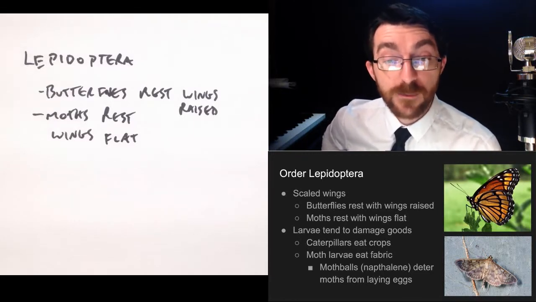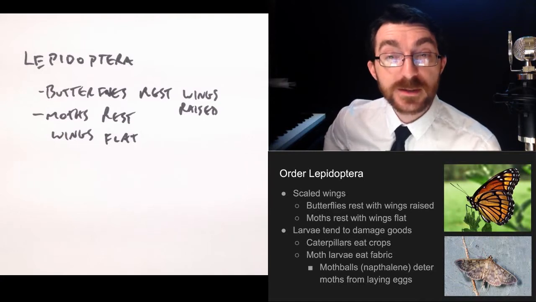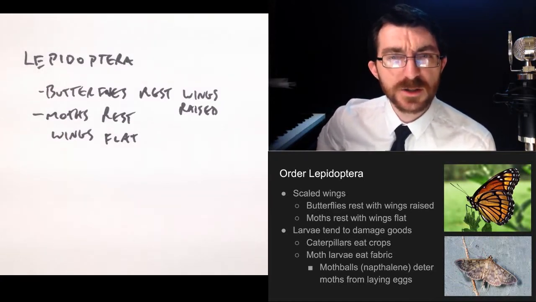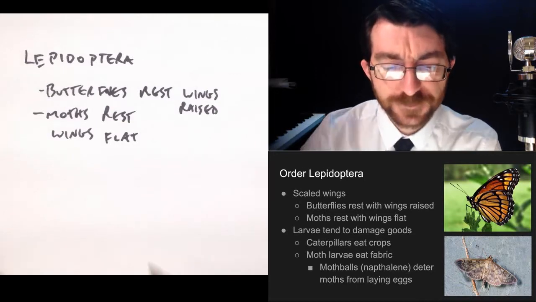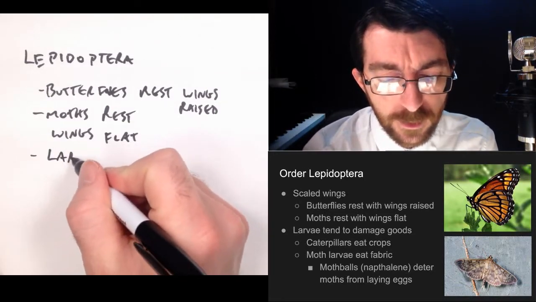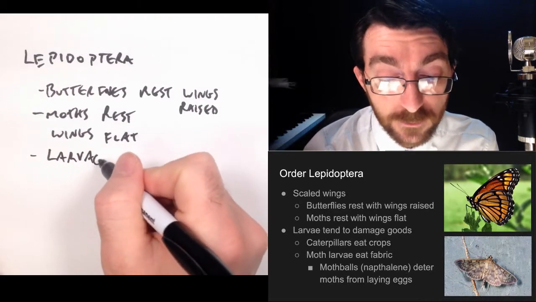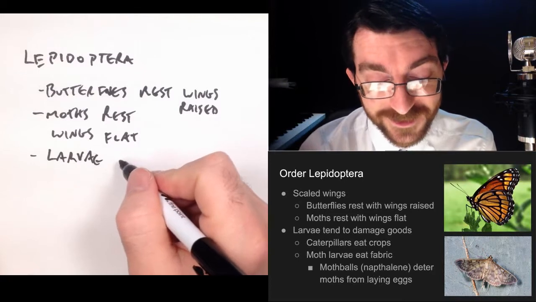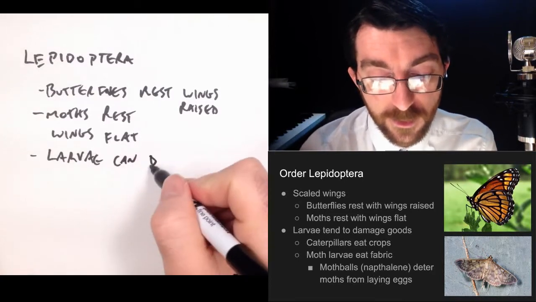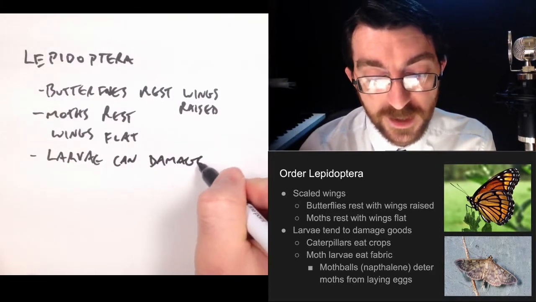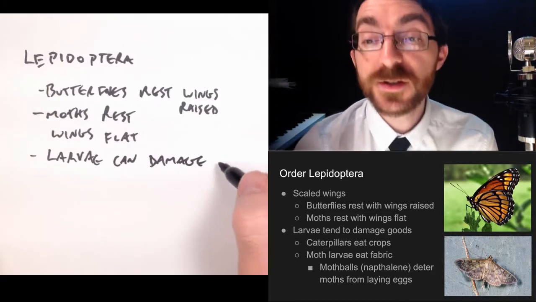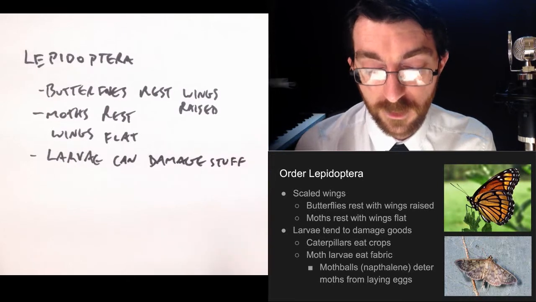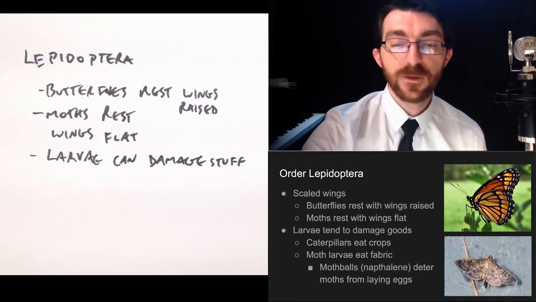Moth larvae eat fabric. And there is something you can get called a mothball that tries to discourage moths from laying eggs. Yeah, they also smell terrible. So larvae can cause some damage. So I'm going to say they can damage stuff. I mean, just trying to keep it brief. Okay.